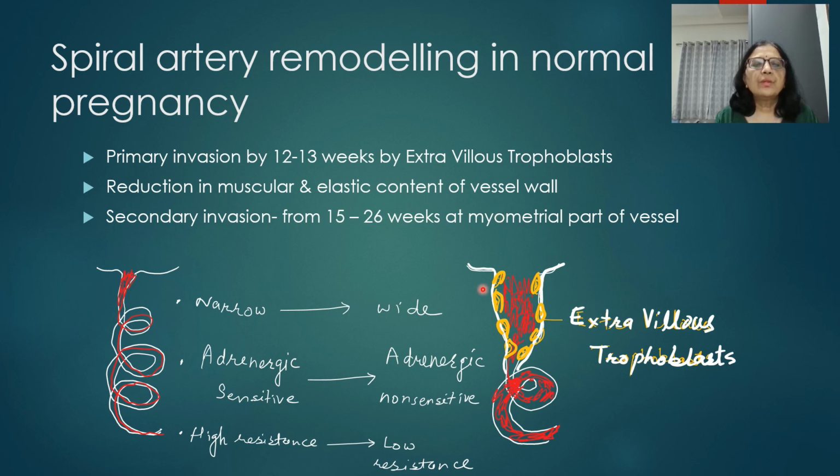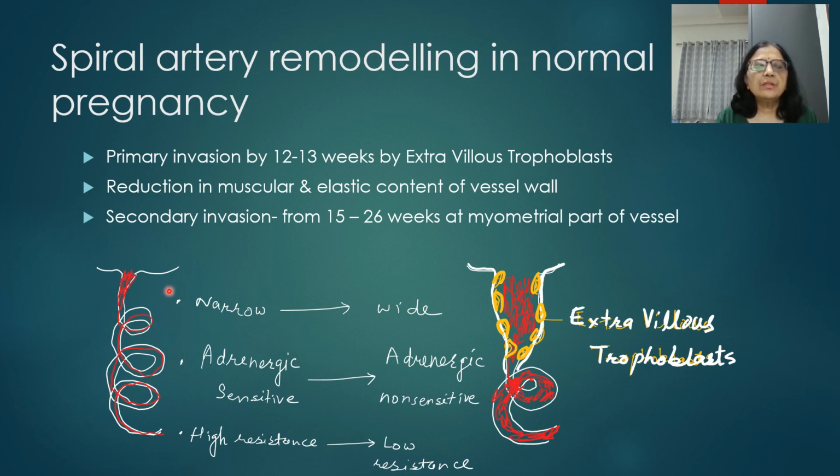With this, there is another wave of invasion, the secondary invasion, which takes place from 15 to 26 weeks of pregnancy, and it especially changes the myometrial component of the spiral arteriole. So primary invasion is mainly for the endometrial or decidual component, whereas the secondary invasion specially changes the vessel wall in the myometrial part of the uterus.